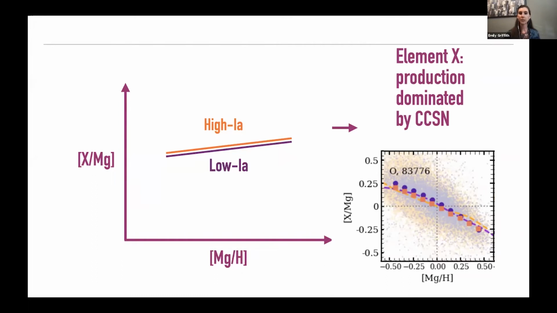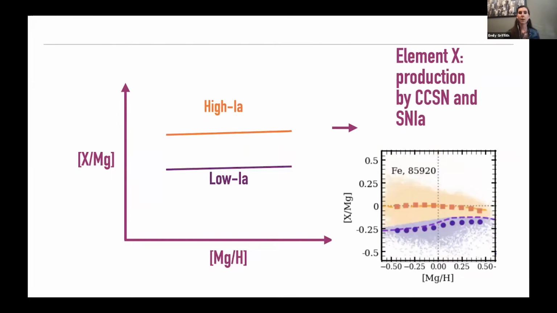As we increase the sequence separation, that suggests that an element has more contribution from type 1a supernovae. So we see this for iron, which is about 50% from core collapse and 50% from type 1a at solar metallicity. We see a significant separation between the high 1a and the low 1a sequences.